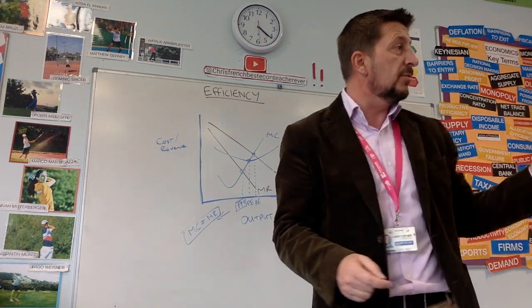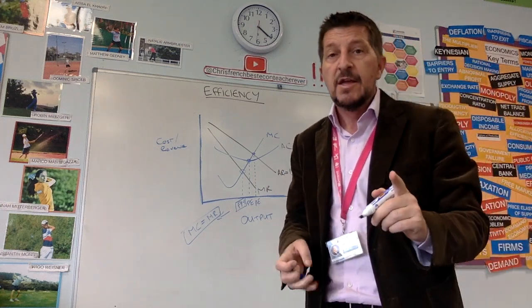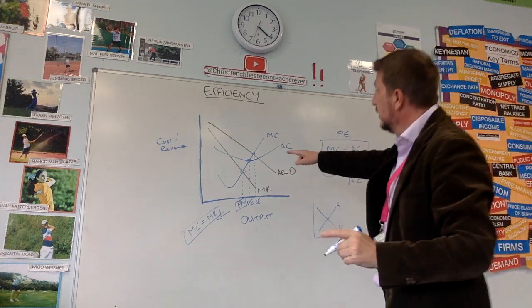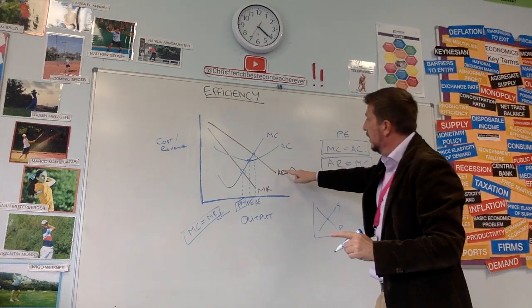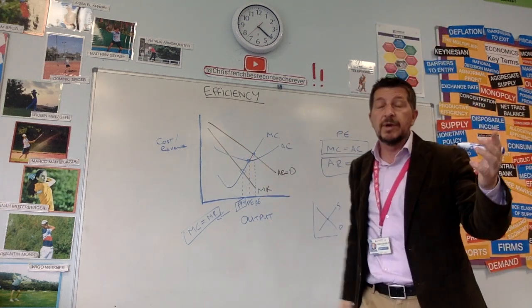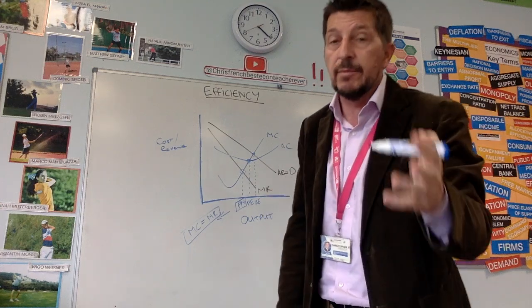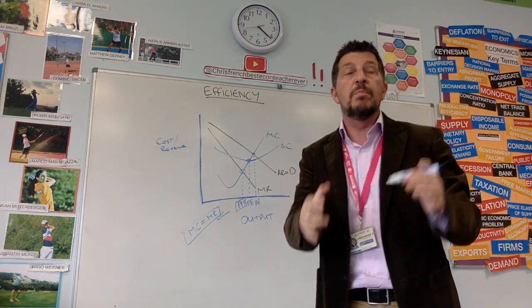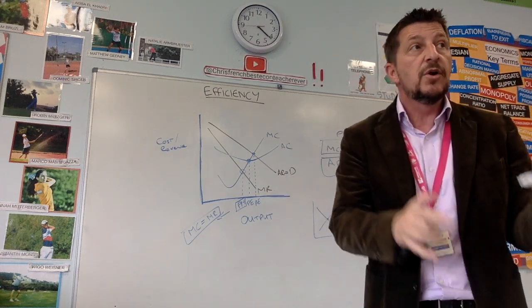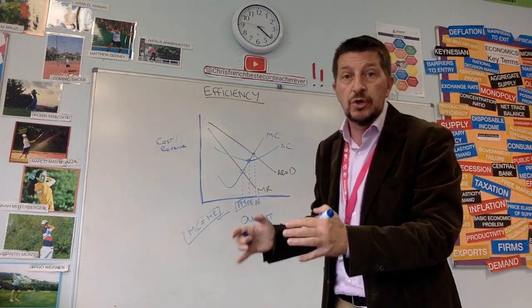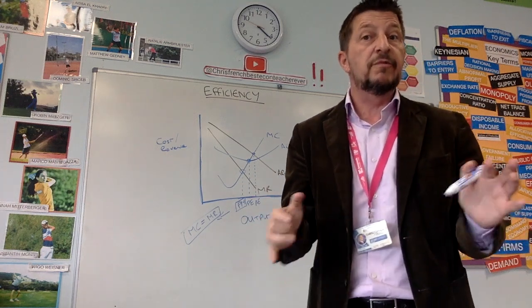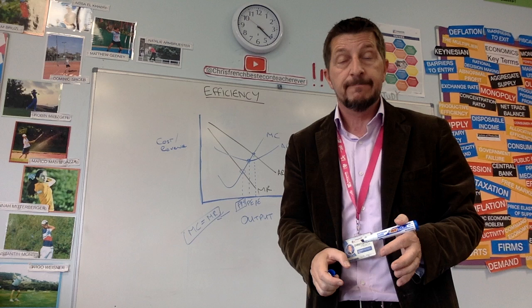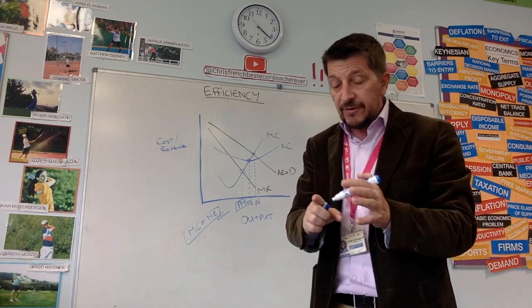Now that's really important because what it tells us is that firms in imperfect markets, like oligopolies, like monopolistic competition, like monopolies, are not going to operate efficiently unless they are forced to do so, probably by some form of governmental intervention. Okay, let's leave efficiency there for the moment.